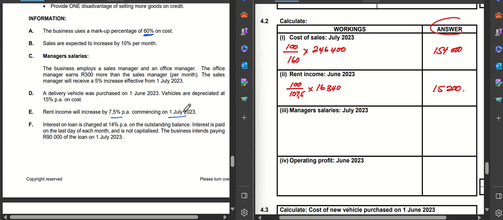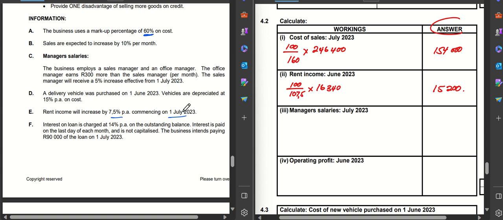The sales manager will receive a 5% increase effective from the 1st of July. All right, so what we want to do is to get the manager's salaries. Remember, there's a 5% increase effective from the 1st of July.